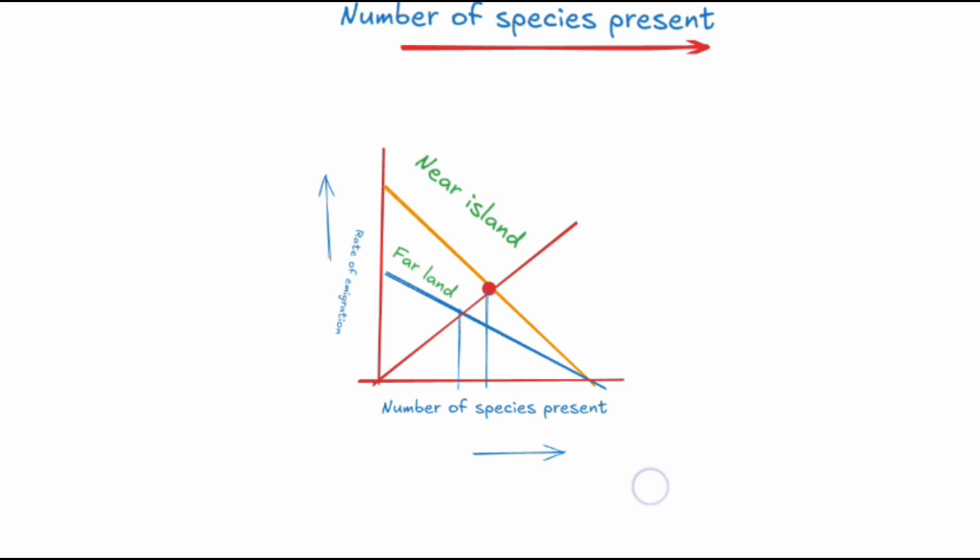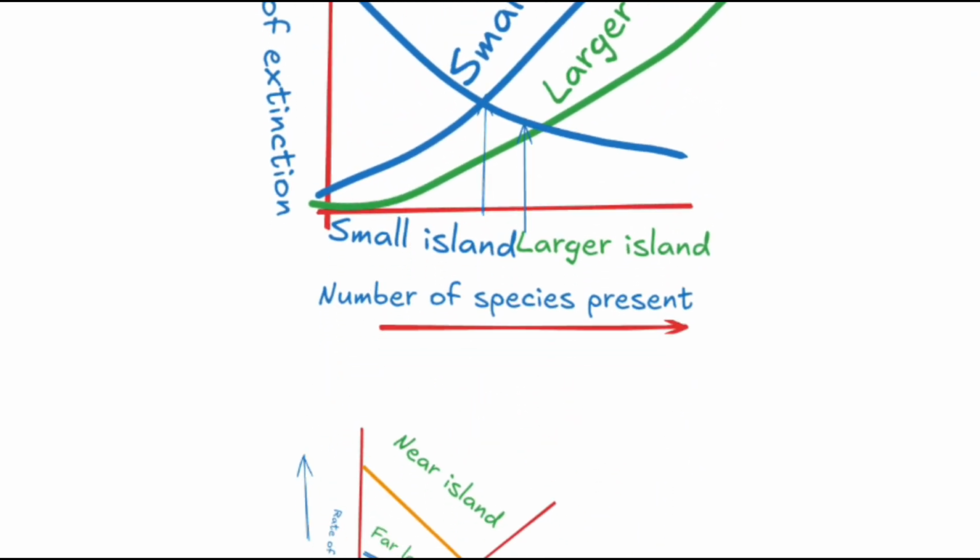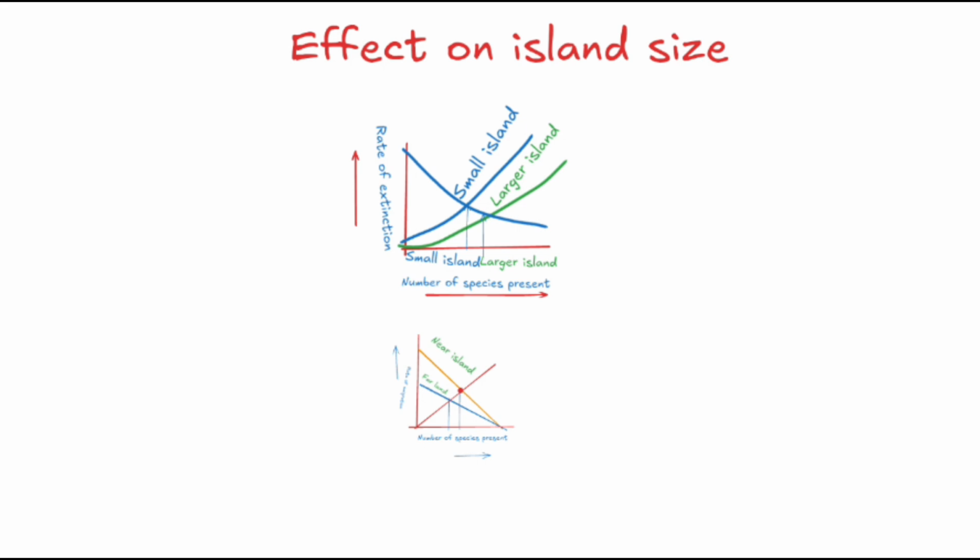The second is the effect of distance, where the expected number of species on an island is affected by the area of the island and the distance of the island from the source of species. Islands that are more isolated are less likely to receive immigrants than islands that are less isolated.